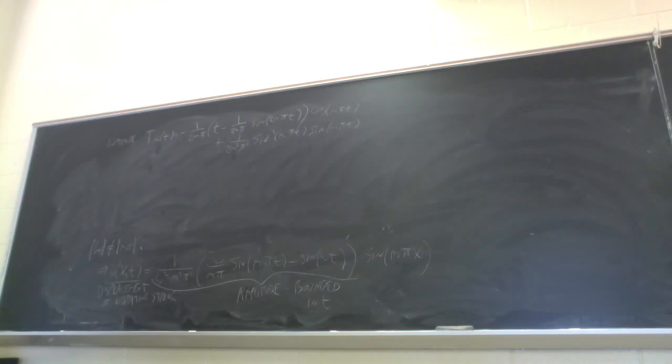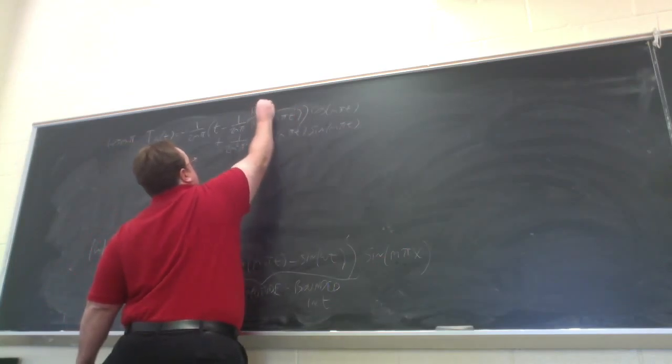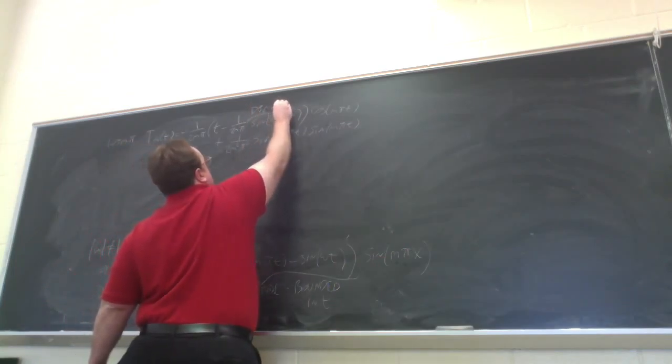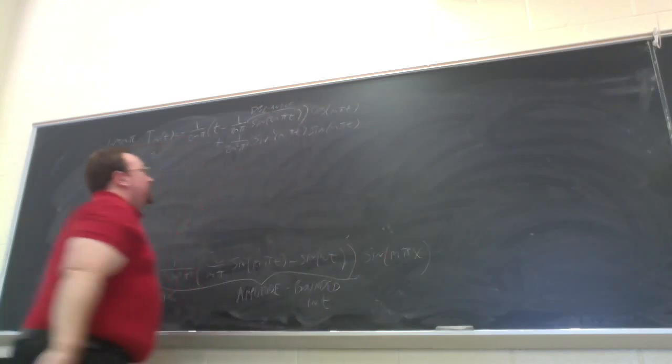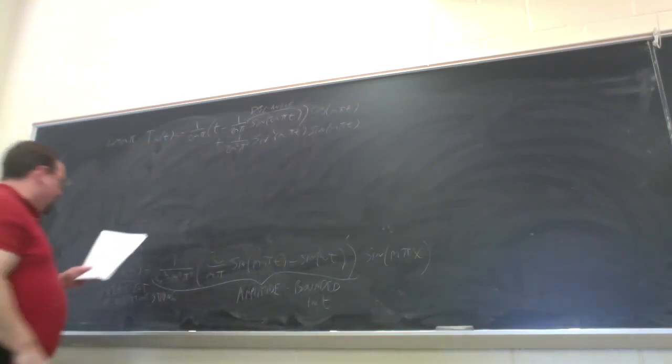And what will happen in that case is, now if you take this and expand it as a double angle formula, you get 2 sine m pi t cosine m pi t.